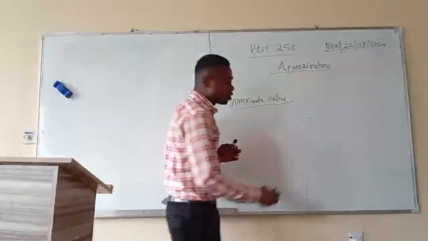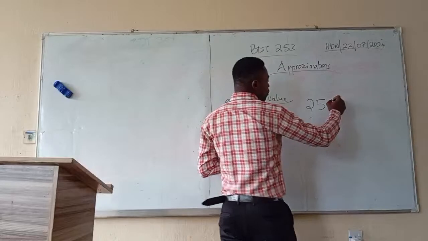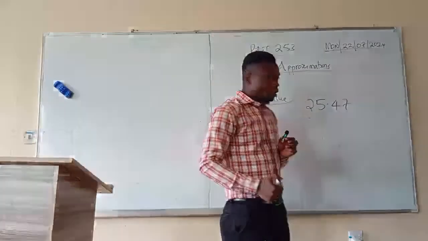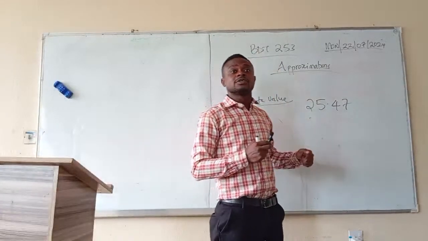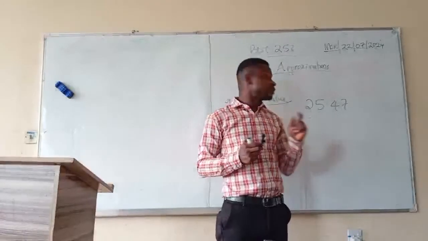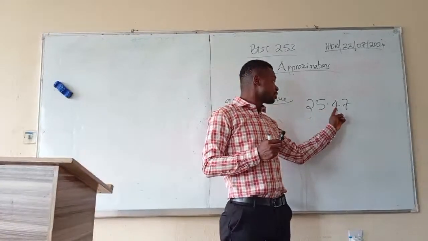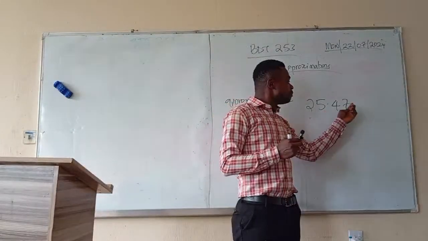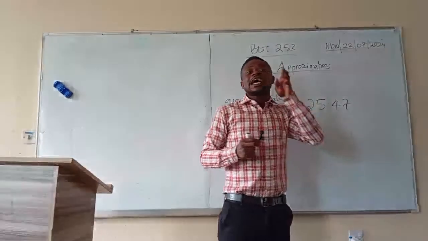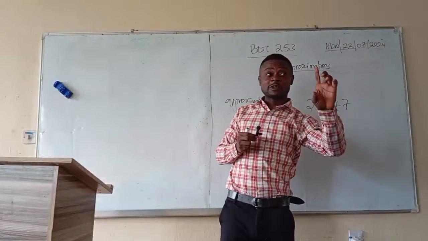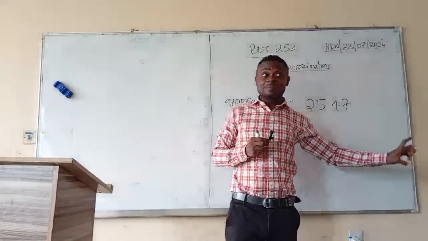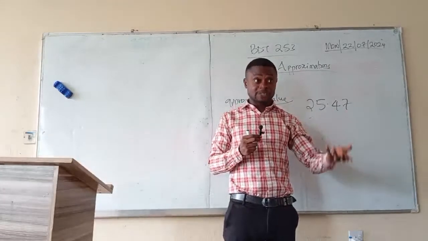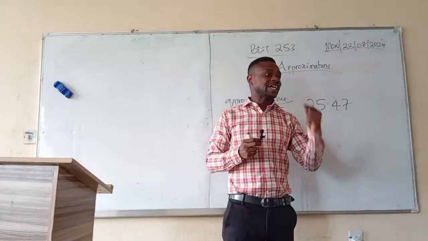Let's assume you have a number like 25.47, for example. Our digit of interest we want to round is this, or possibly it can be this, depending on the extent of the approximation, the type of approximation you are applying. Let's assume decimal place is a type of approximation. Let's assume you are told to leave it in one decimal place.